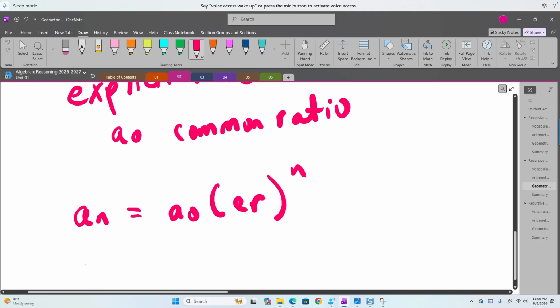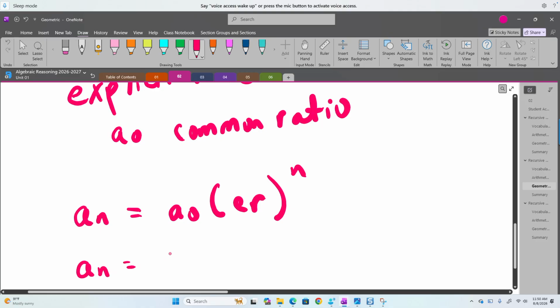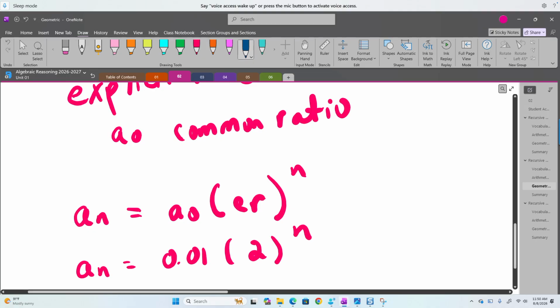So let's see if this works. We're going to have a sub n equals 0.01 times 2 raised to the nth power. Well, let's see if that works for 1, and let's try 6.